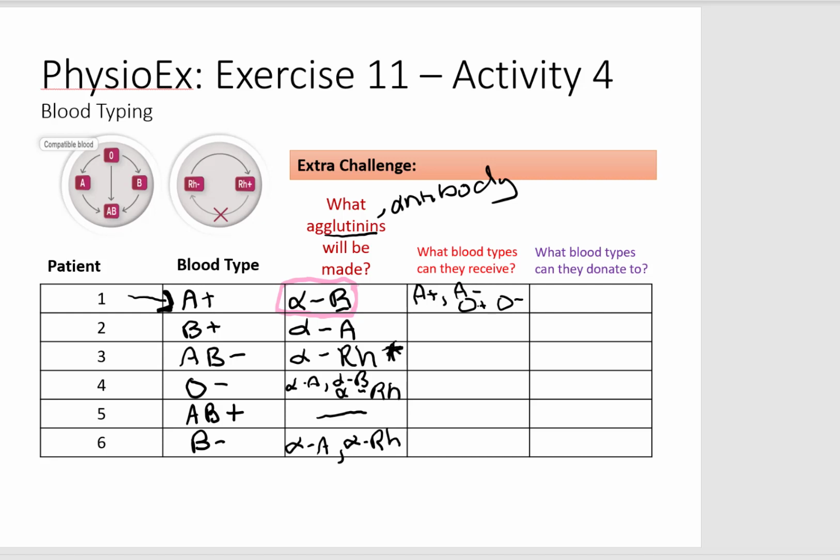However, we do a very important procedure before we give a person a blood transfusion. We take the donor's blood and we spin it down. Remember, a centrifuge can separate the red blood cells from plasma. We saw this when we learned about hematocrit.